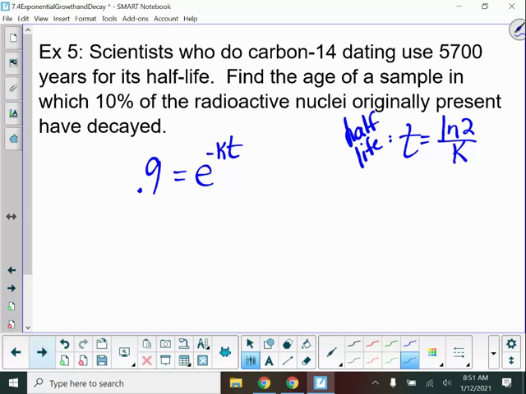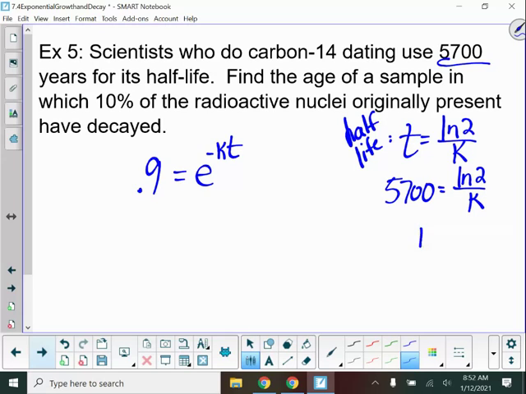The time that we're going to be solving for in our equation over here on the left is the time that it took for 10% to decay. So it's not actually the half-life time, but I do need to use the half-life time in order to find my constant k. Since I know 5700 is my half-life, I can plug that in and solve for k.